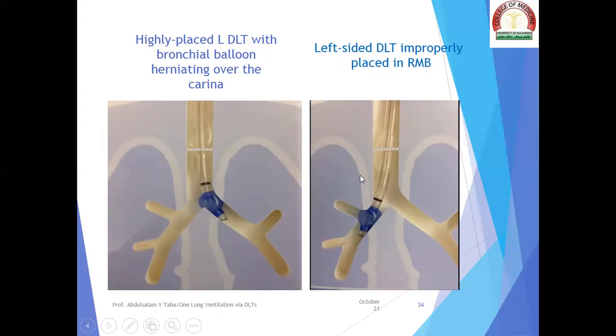And here, sometimes a left-sided double lumen tube is mistakenly advanced into the right main bronchus, resulting in a blockage of the orifice of the right upper lobe.